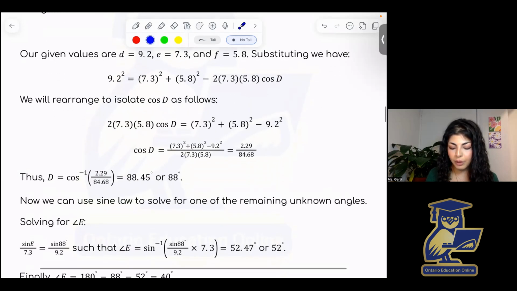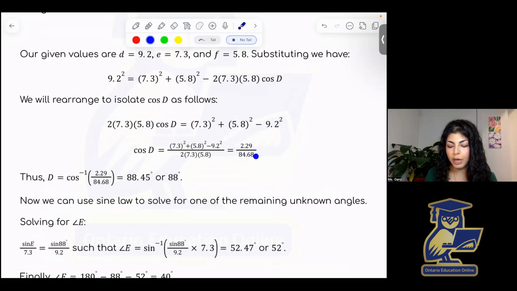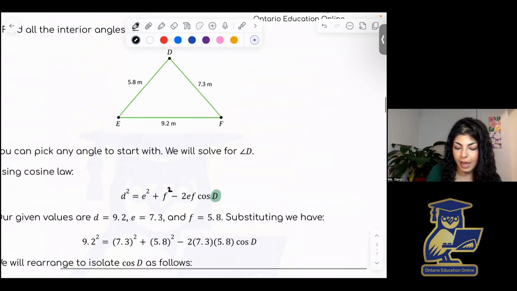And because I'm solving for cosine of D, I do divide by this product here, as you can see right there. And now evaluating the numerator and denominator, this is approximately 2.29 over 84.68. And now, taking the cosine inverse of this ratio, I find that D is 88.45, or to the nearest degree, 88 degrees. So I can label that now over here.